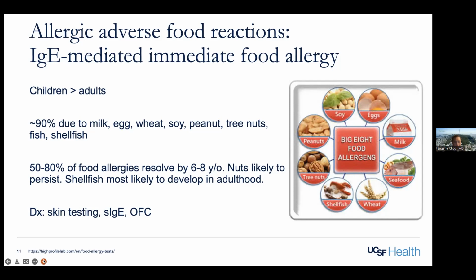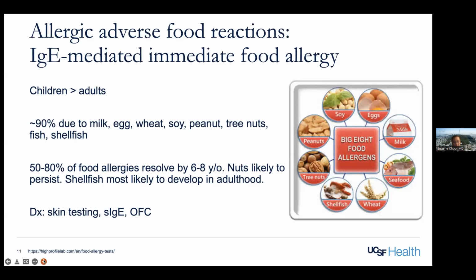And so when folks come to us with complaints about potentially being allergic to a food outside of those big 6 or big 8, we will be automatically a little bit more suspicious that it might not be a true IgE-mediated food allergy.